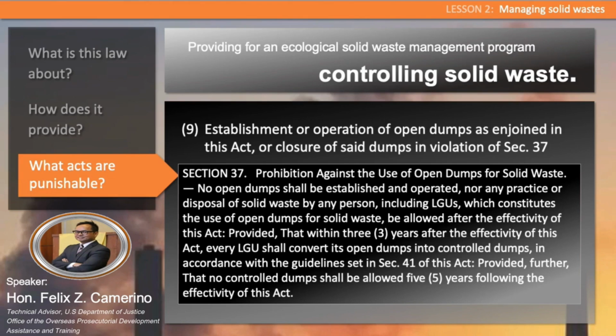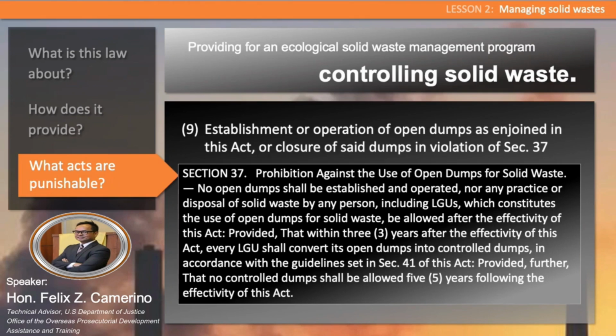So for 3 years after this law was put into effect, you could still use an open dump site, but in a controlled way, regulated by the local government unit.